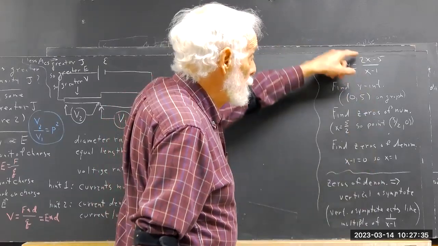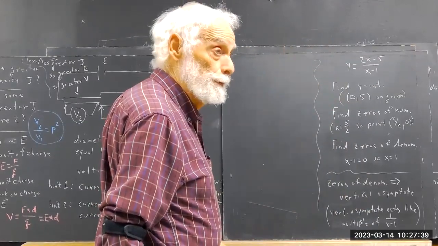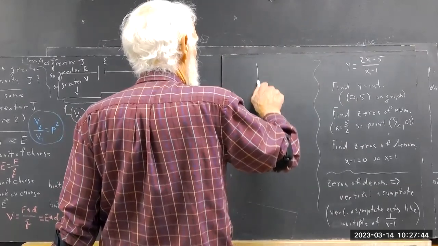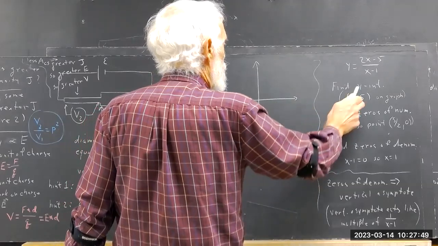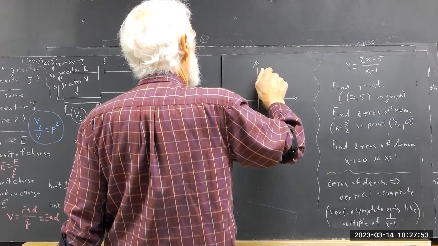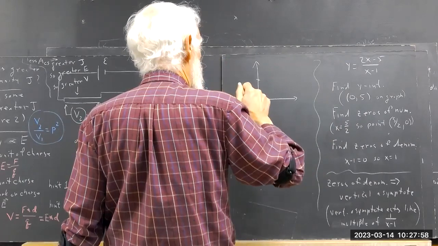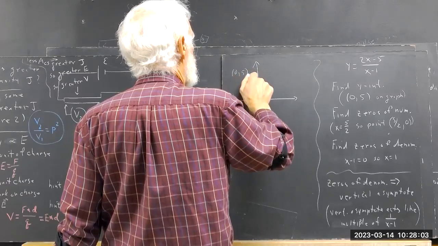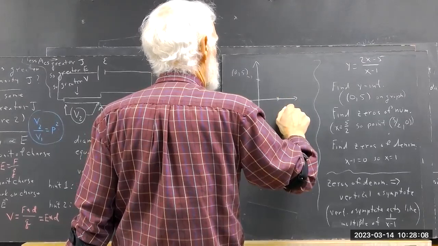And then we multiply it by whatever 2x minus 5 is when x equals 1. Well, it turns out that's negative 3. So that's what happens when we graph. We do this. Put the point (0, 5) on the graph. Put (5/2, 0) here.